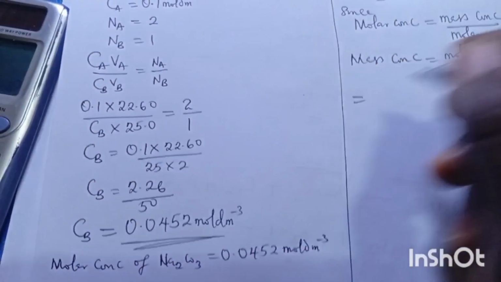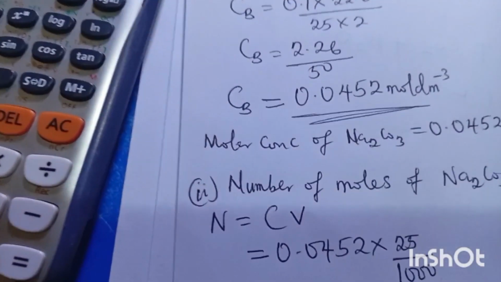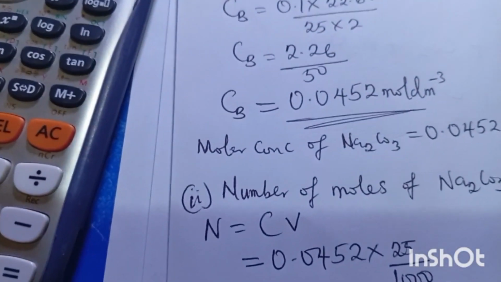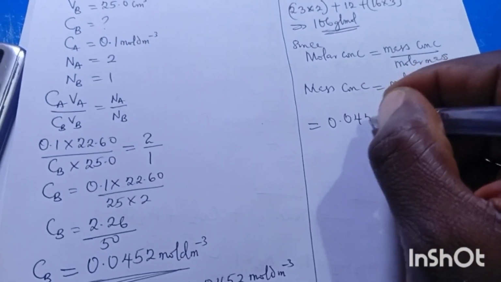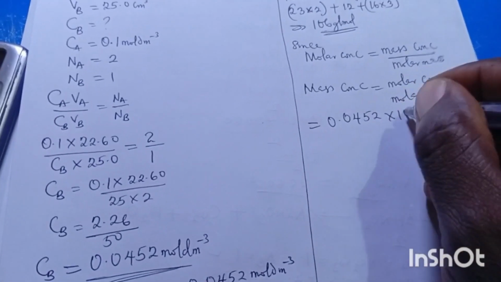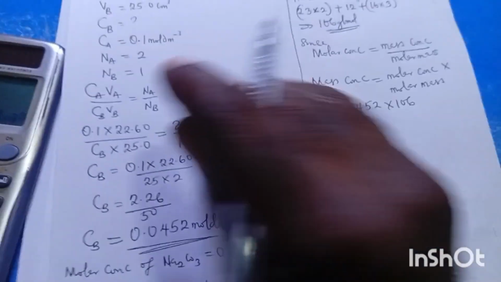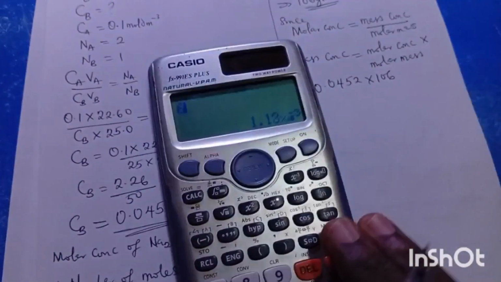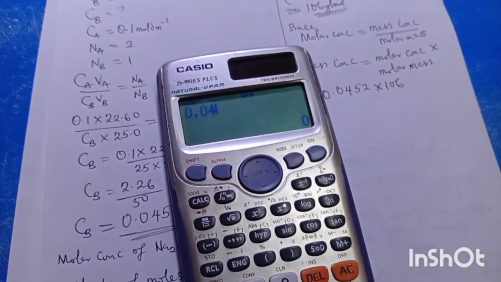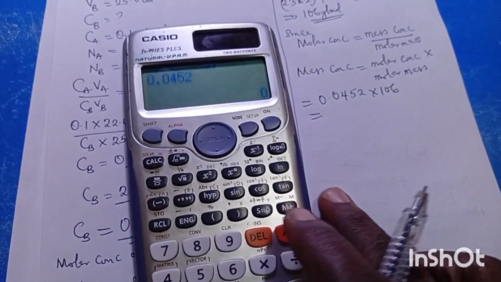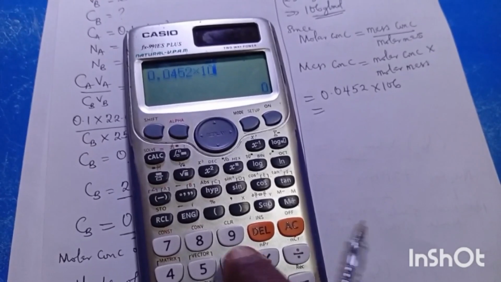So which means I'm having 0.0452 times 106. So let me press the calculator to get that. 0.0452 times 106.